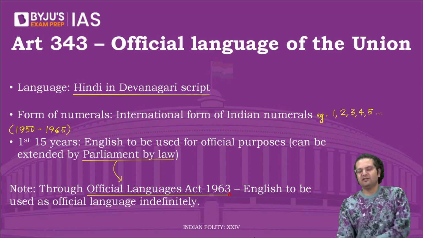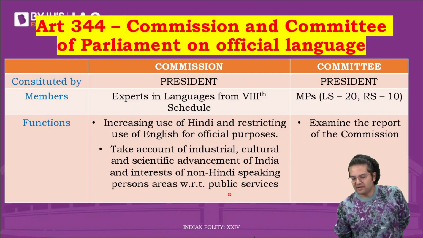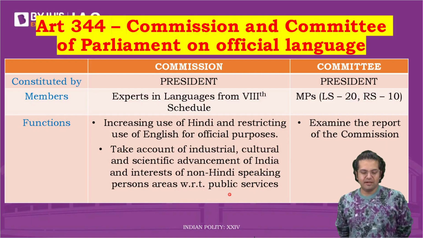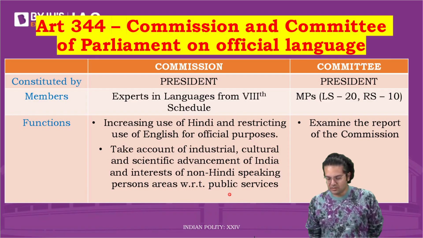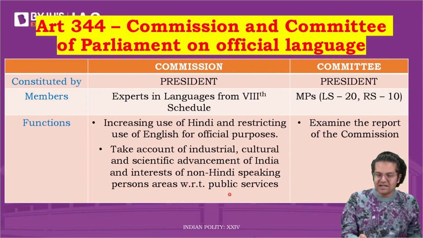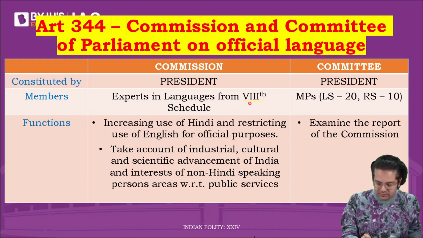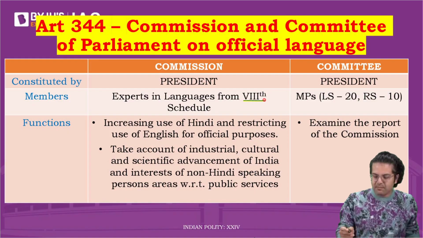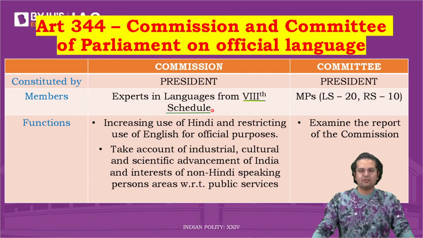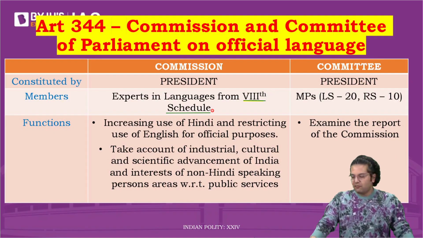Then Article 344, Commission and Committee. So basically the idea is that the President will create a commission of members who are experts in the 8th schedule languages. What is their task?